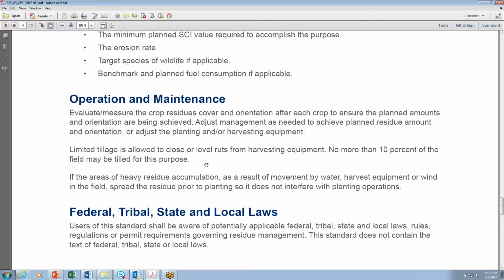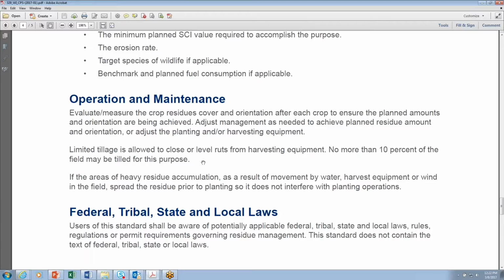This becomes important because I've worked with a lot of farmers over the years that tell me they're no-till operators, and they're big operators and they use heavy equipment and they move their trucks in and around, and before you know it, they're out there with a disk, leveling ruts out. If it's more than 10% of that field where they're disking to just level off the ruts, you really can't call that no tillage anymore, because they're disturbing more than 10% of the entire field.